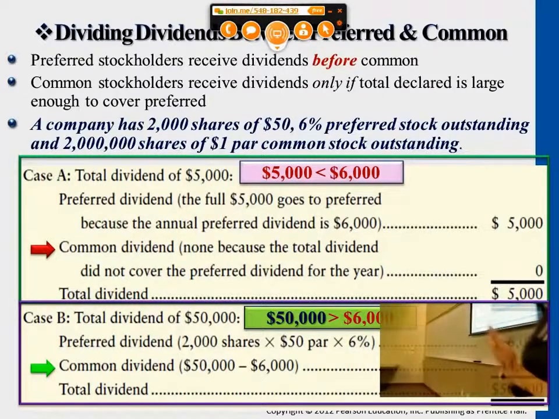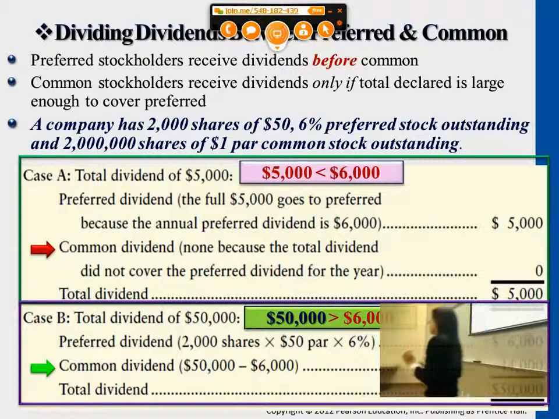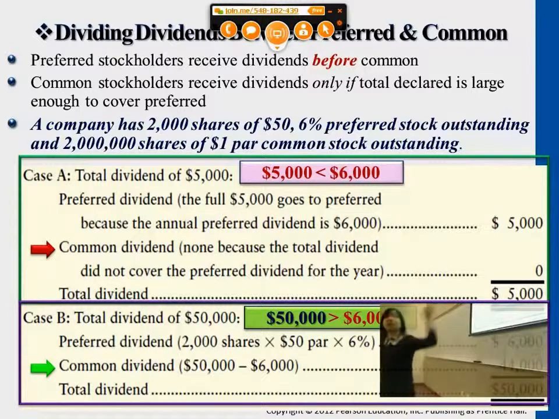Okay, so this is the first concept that you need to know. Another thing is for preferred shareholders, you see there's a difference, $1,000 that they didn't get in the first case. If altogether the company is giving $5,000, they have the right to $6,000. You can assume, unless you see the problem says the dividends are non-cumulative, that the difference, $1,000 that they missed this season, will be accumulated to next season.